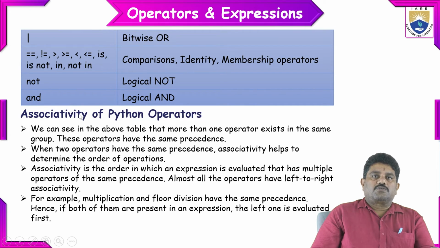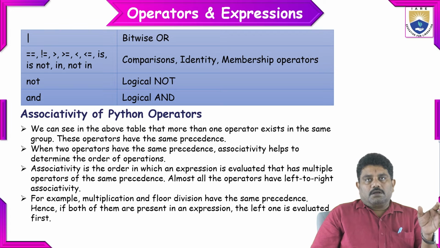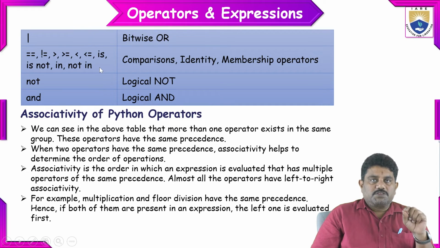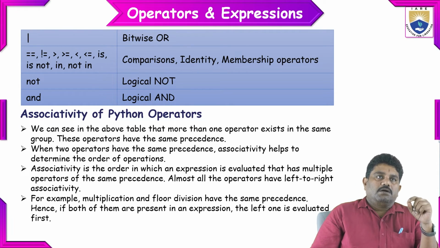we will consider associativity. Precedence is the order in which operations have to be executed first and next. To decide the priority of the operations, we take precedence. If there are more operators at the same priority level, then associativity will decide in which direction the operations are carried forward.